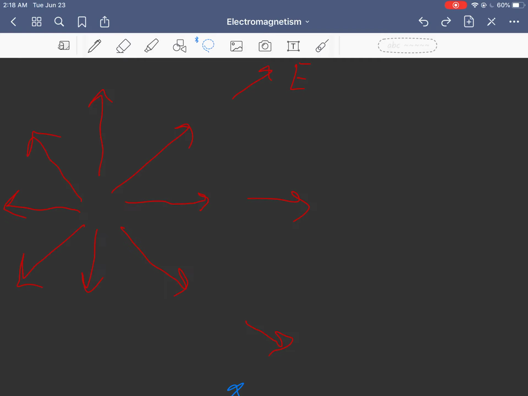So what's happening is that the electric fields are changing each second, or over time. So when an electric field changes, we talked about how magnetic fields curl around it. So B for magnetic fields end up curling.